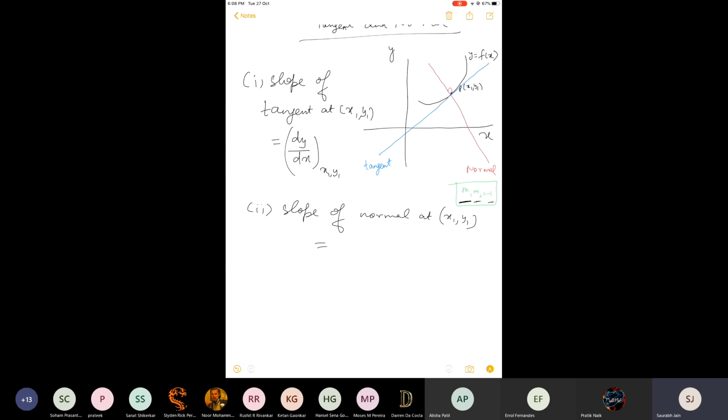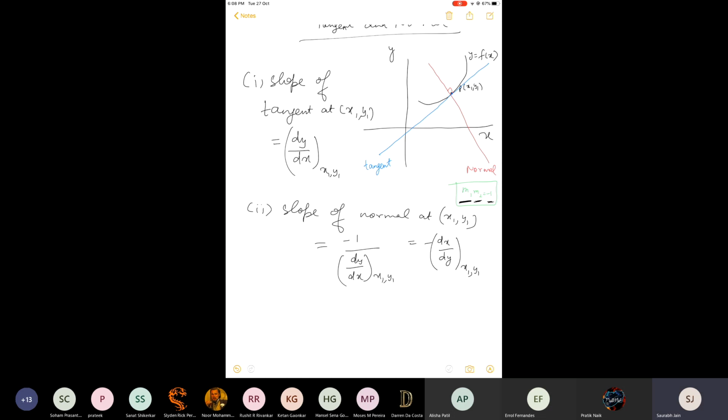So dy by dx into m2 is minus 1, which means m2 is minus 1 upon dy by dx. So if you get the slope of tangent, you take its reciprocal and put a minus sign, and you will get the slope of normal. In other words, this can be written like this also, because the first derivative can be treated as a fraction. dy by dx is the reciprocal of dx by dy. This we have already studied.